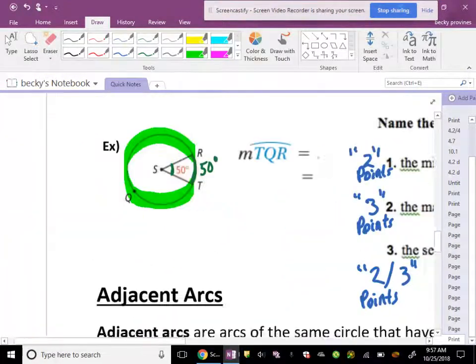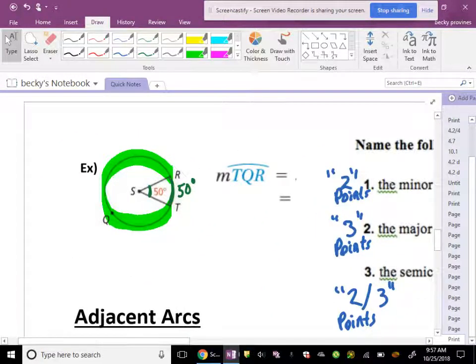What we're going to do is take the entire circle, which is supposed to be a circle, not an oval, it's 360 degrees, and subtract this part that we don't want. So we're left with 310 degrees, and so the measure of TQR is 310.